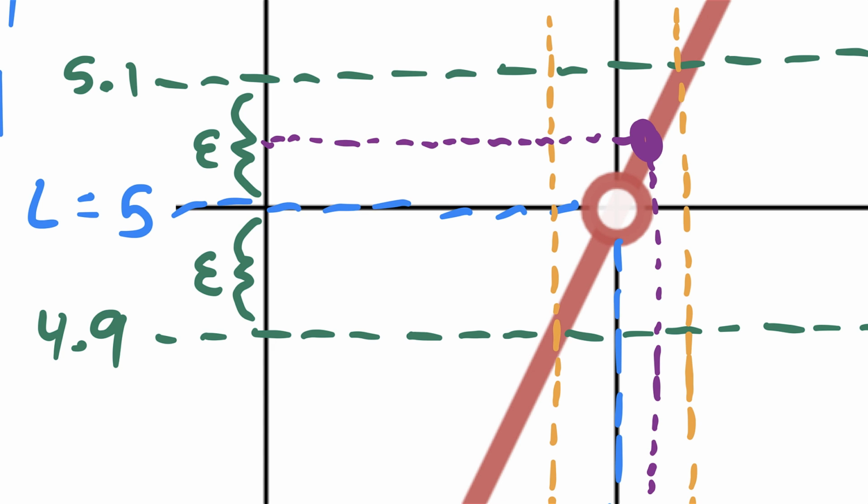So it's going to be between 4.9 and 5.1. And notice it's right here. The difference between f at x and the limit is clearly less than epsilon 0.1.